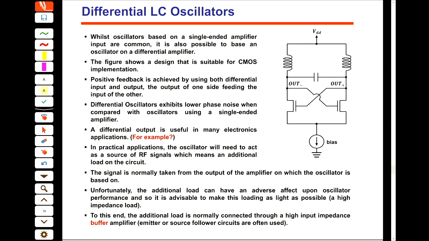You remember that in a double balanced mixer, we had a transconductance stage, and this is LO and this is LO naught. We have a two-stage switch, and then we got our IF signal out of these two.